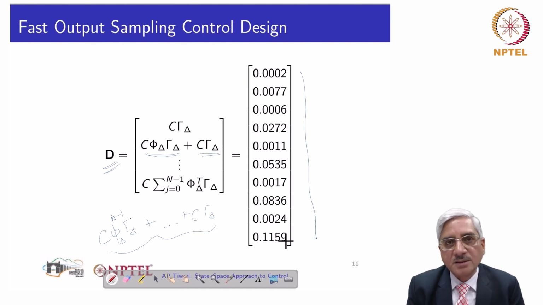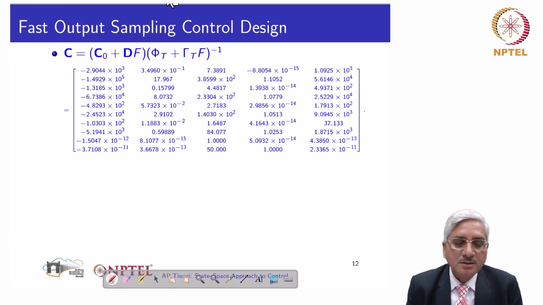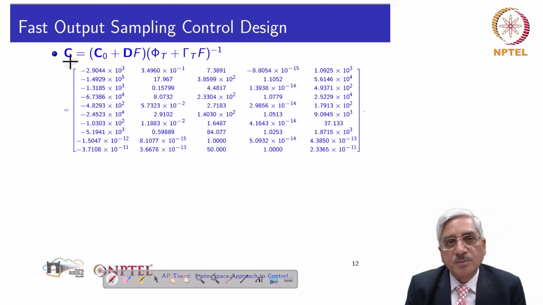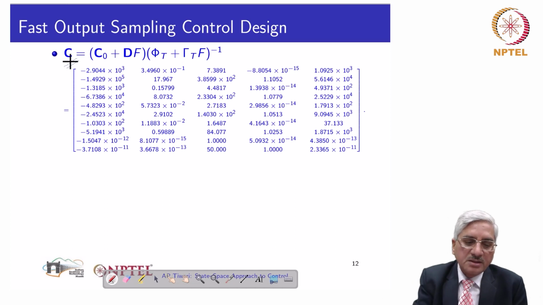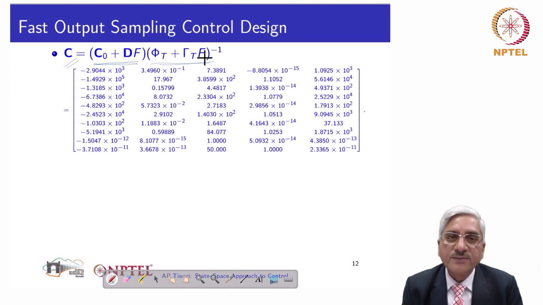So we have obtained C0, we have obtained D, we have obtained F, the state feedback gain. Now we are ready to calculate L. Before that we obtain the boldface C, which is this product, C0 plus D F, times phi t plus gamma t F, inverse.